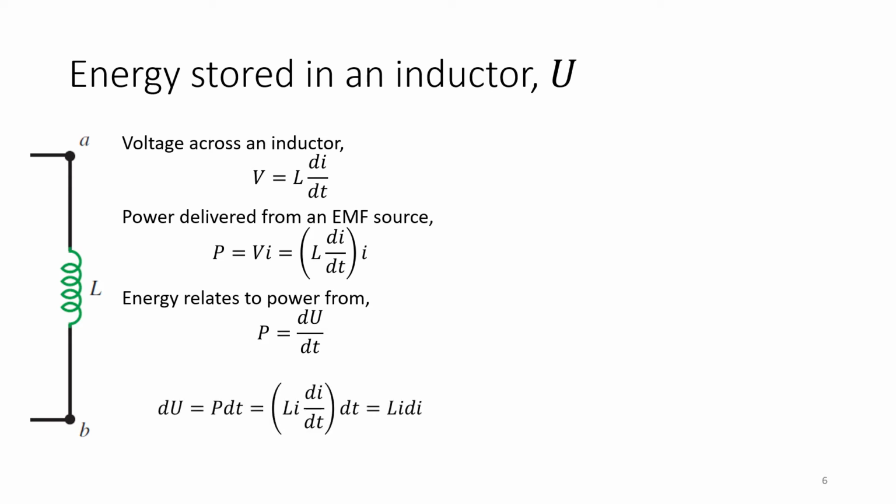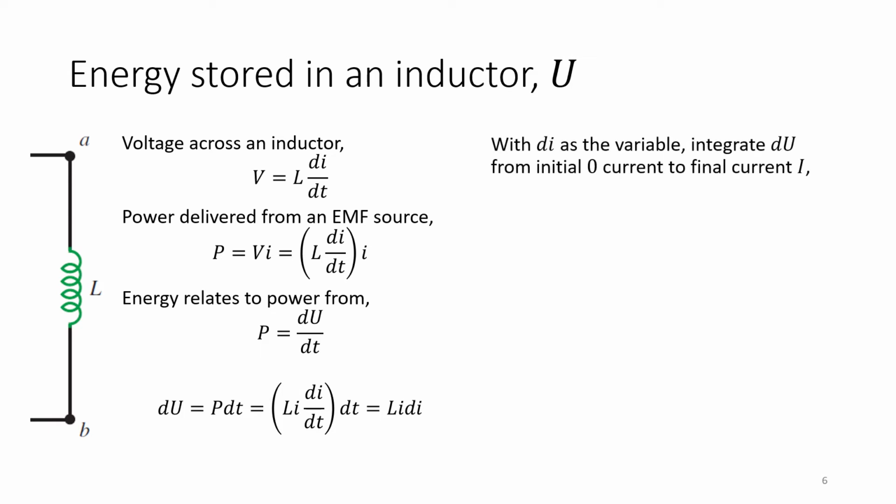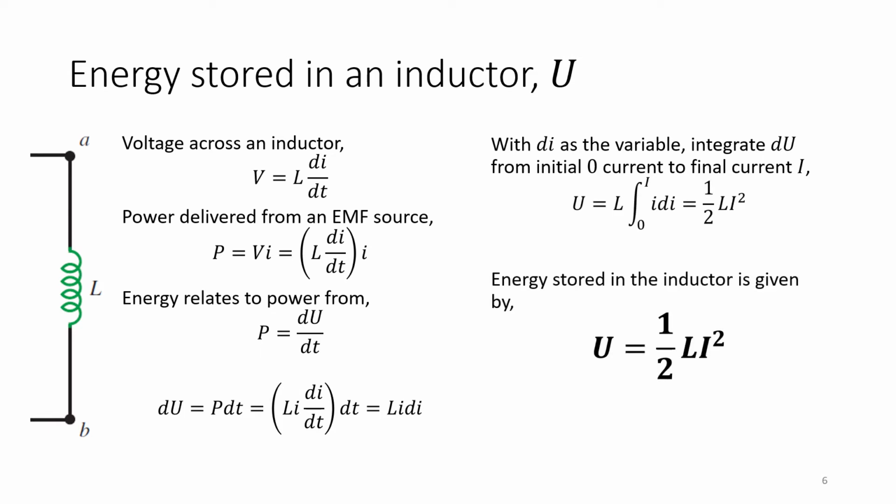Rearranging terms, we arrive at an element unit of energy in terms of an element unit of current. With dI as the integration variable, we integrate from an initial value of the current, which we take to be 0, to some final constant value I. We now have an expression for energy stored in an inductor as U equals 1/2 L I squared.